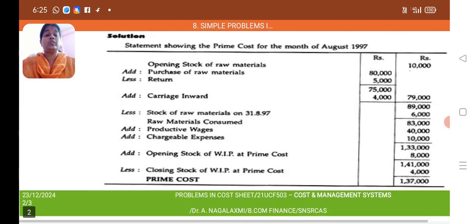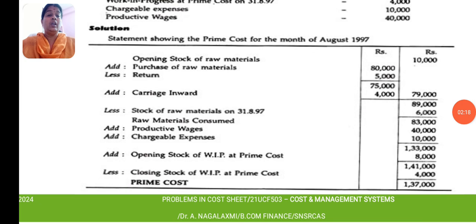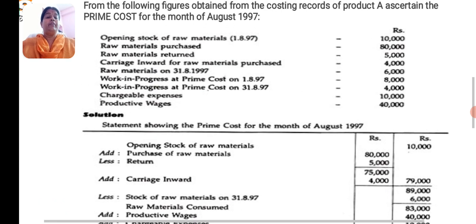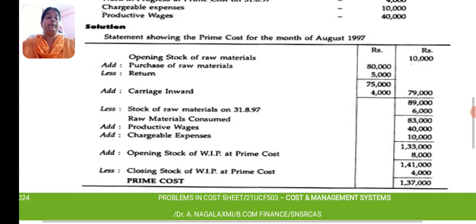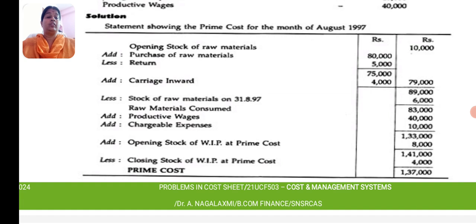Now we are supposed to prepare a statement showing prime cost for the month of August 1997. So with the above available information, we prepare a cost statement in order to find out the prime cost for the month of August 1997.